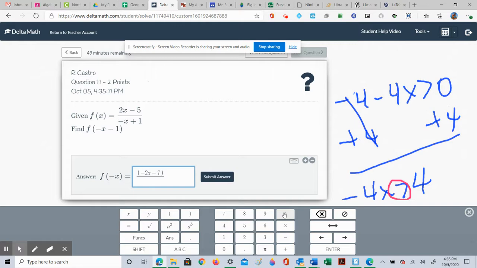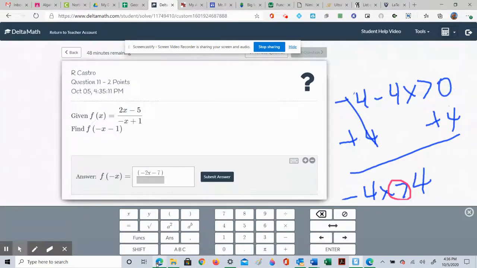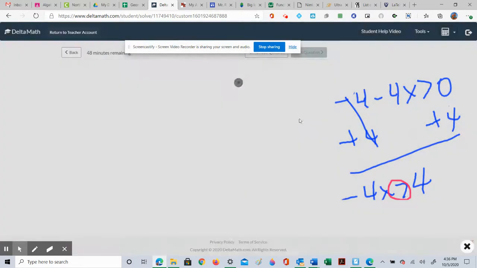Divided by, notice what it did. It put one on top of the other, which is what we wanted. Let me make sure I got it right. Negative x plus 1. Yep. Negative x plus 1. Submit answer. Yes.